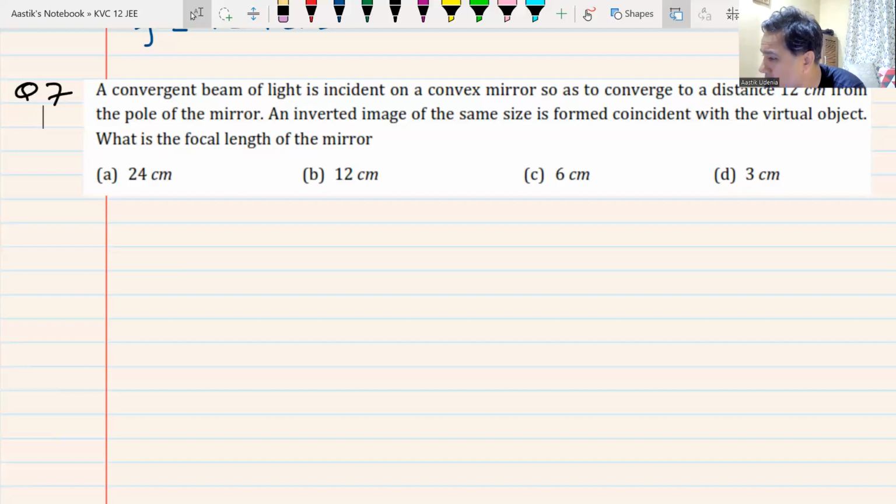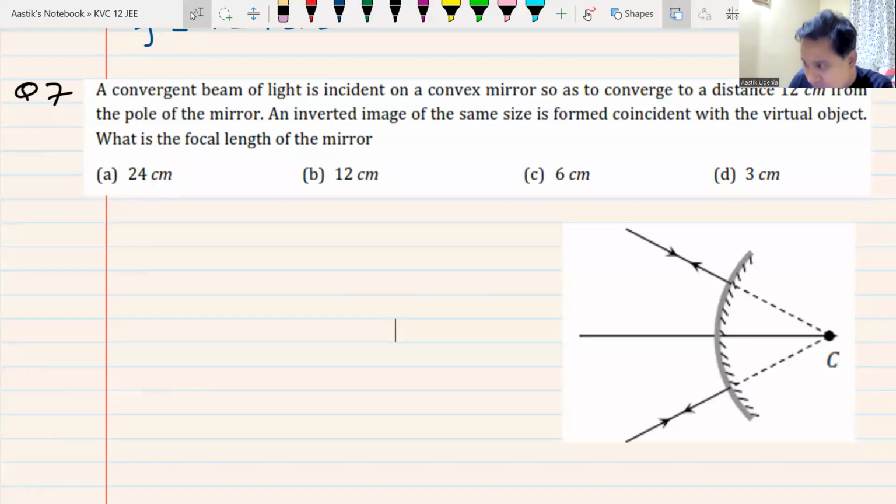Object distance is 12 centimeters. Image distance is also 12 centimeters because of the inverted image. Okay, so how did you get focal length as 6 centimeters? You can put it in the formula, yes or no? Yes, you can get it that way. That is correct.